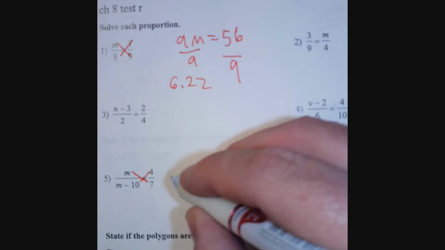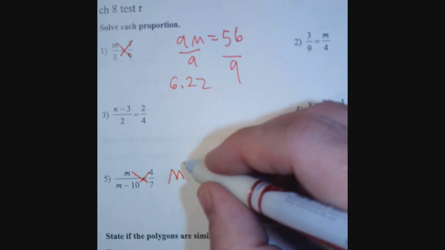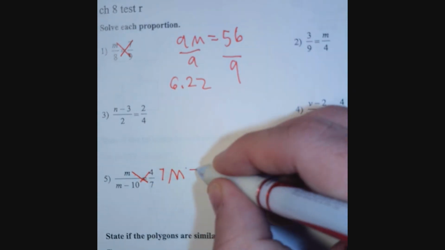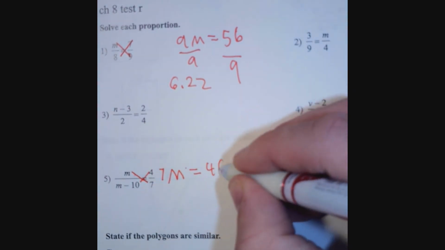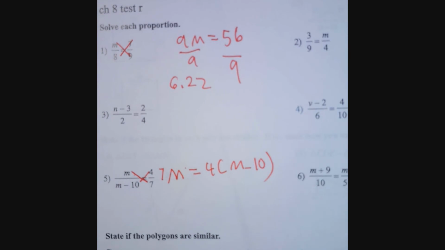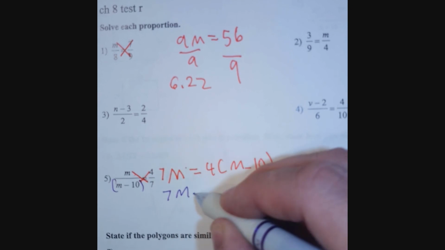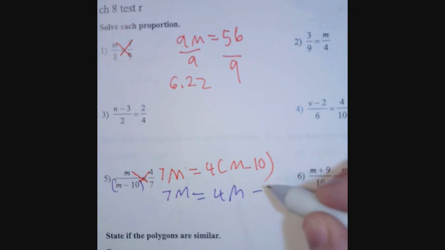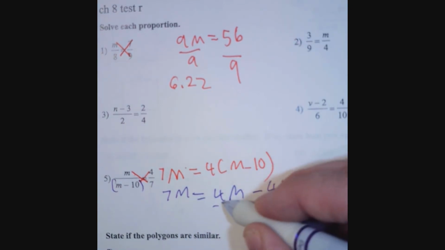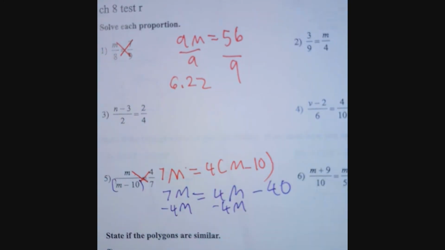Cross multiply again, so we're going to get m times 7 equals 4 parentheses m minus 10 parentheses. So make sure that you protect this with the parentheses. So then we're going to get 7m equals 4m minus 40, minus 4m, minus 4m. And then we're going to end up with 3m equals negative 40.